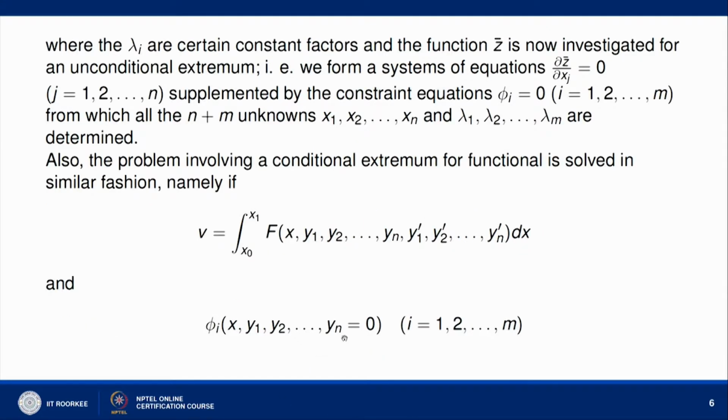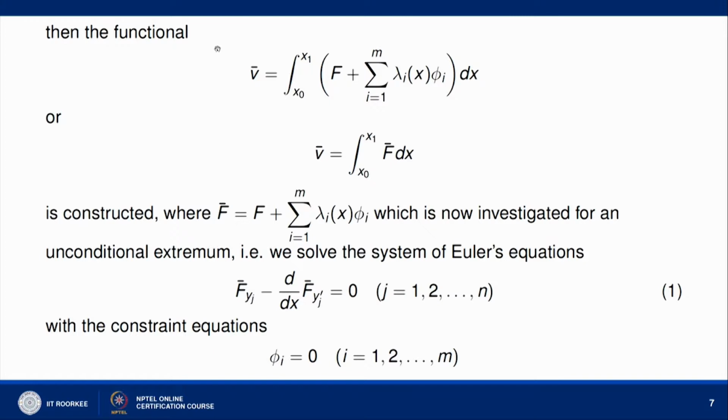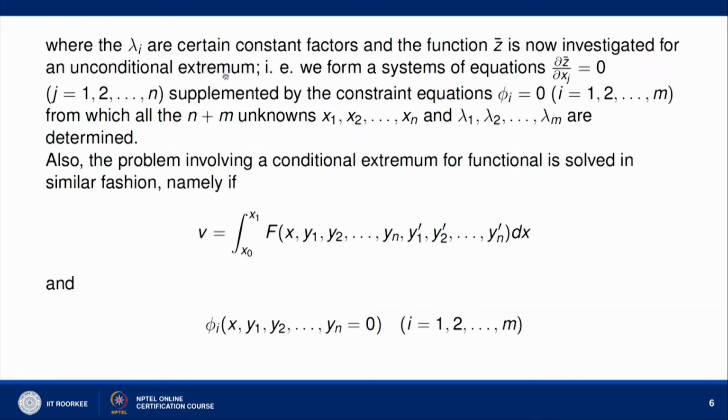Then we consider the functional v bar from this original functional along with these constraints.